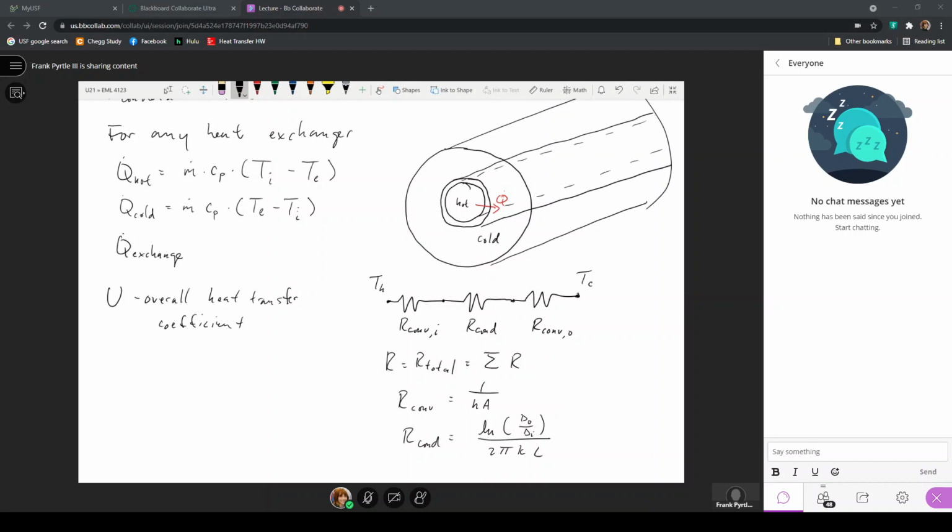transfer coefficient, such that in a problem like a heat exchanger problem, it will be representative of the combination, or the sum, of all these resistances, these two convection resistances and this conduction resistance. So that if we consider the heat transfer rate as delta T divided by the resistance, we can write an overall heat transfer coefficient times the surface area times a delta T, so that the overall heat transfer coefficient would be an average value of this total resistance as we move along the entire length through the heat exchanger.